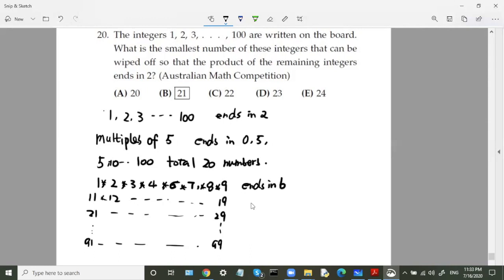The others are the same because they have the same unit digits. So all end in 6.